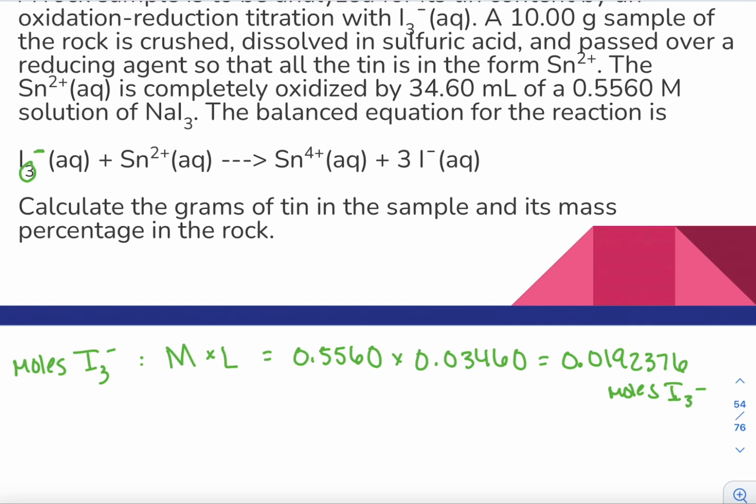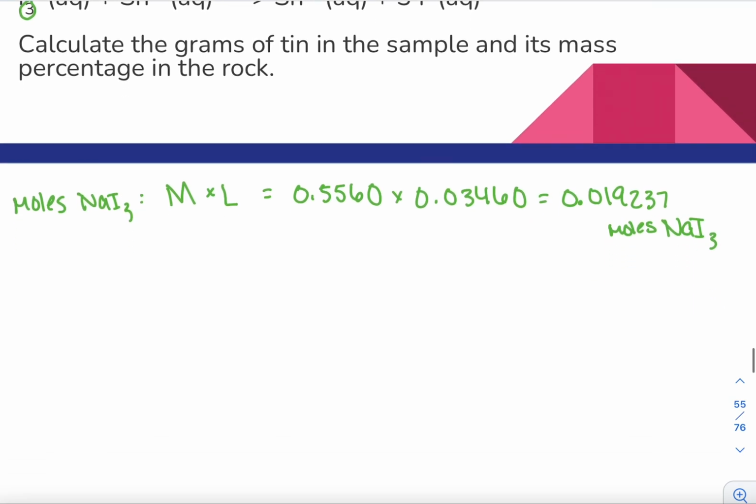So this is moles of I3 minus. It's actually going to be, let's change that to keep it consistent with the one we just did. Moles of NaI3. Good. All right, so now we're going to take that moles of NaI3 and change that into grams of tin. So we're going to start with moles.